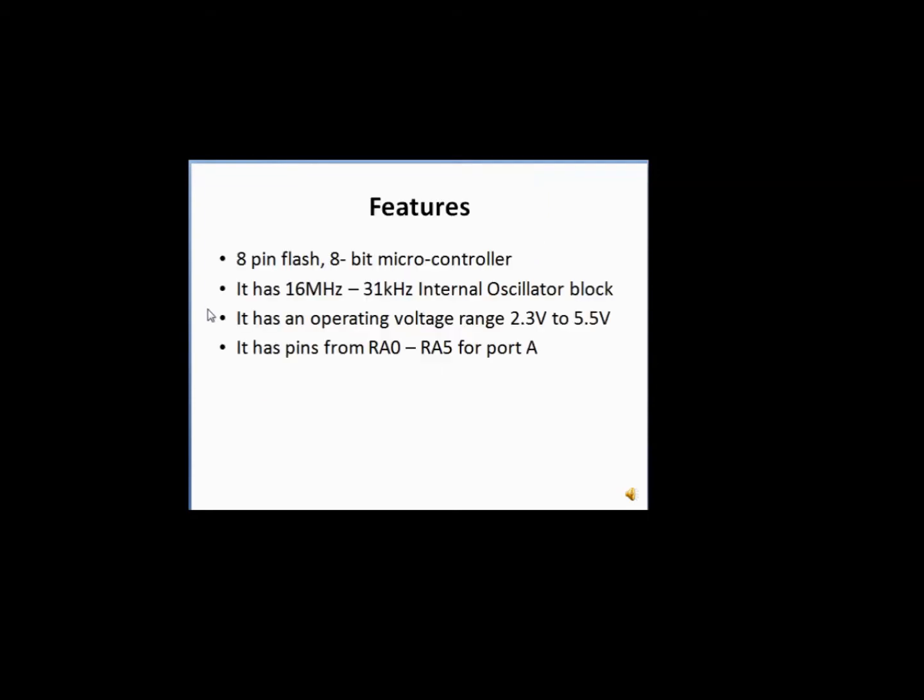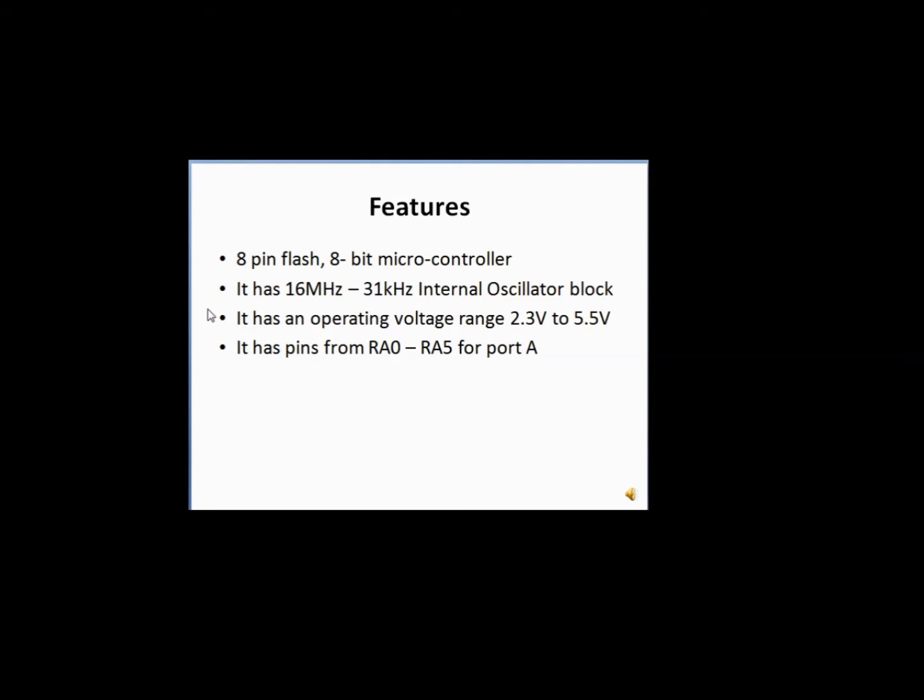So now in this project we are going to see the coding of the PIC microcontroller family, and for this coding we are going to use an embedded C program. We will start with the PIC 12F1501 family.